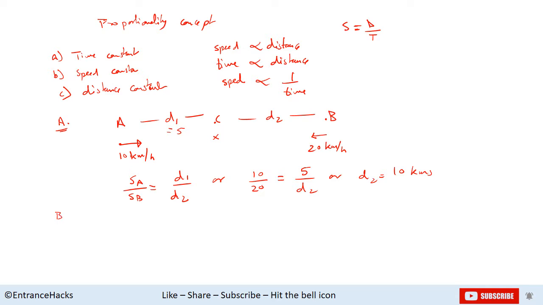Now let's take the second example where speed is constant. Let's say there is one person who is traveling from A to B, and then from B to C at constant speed.